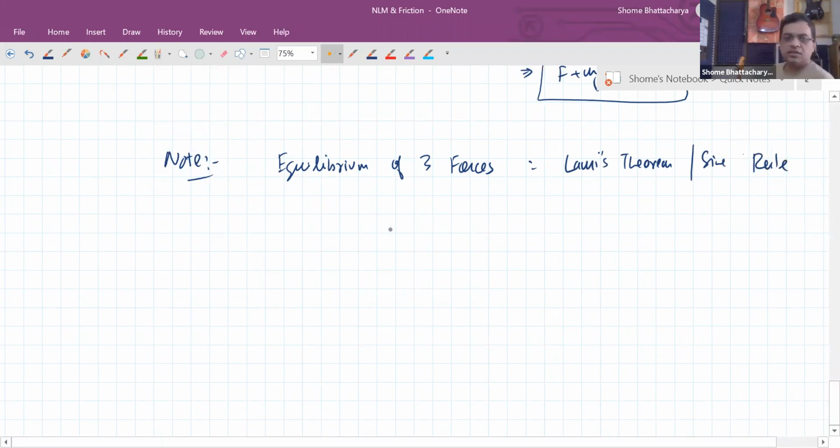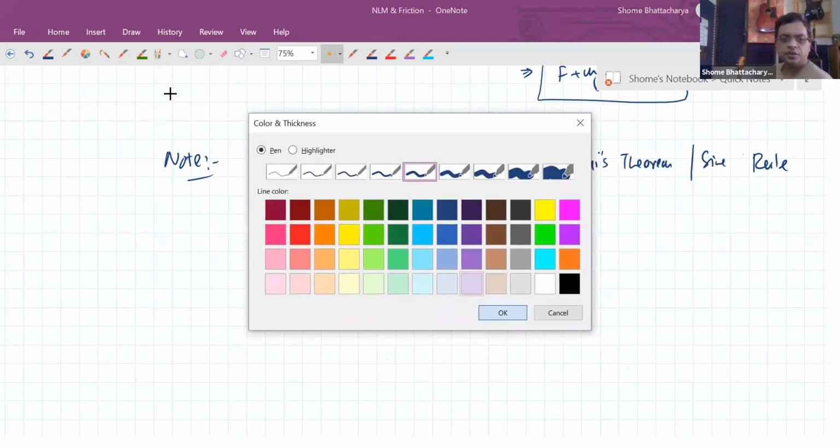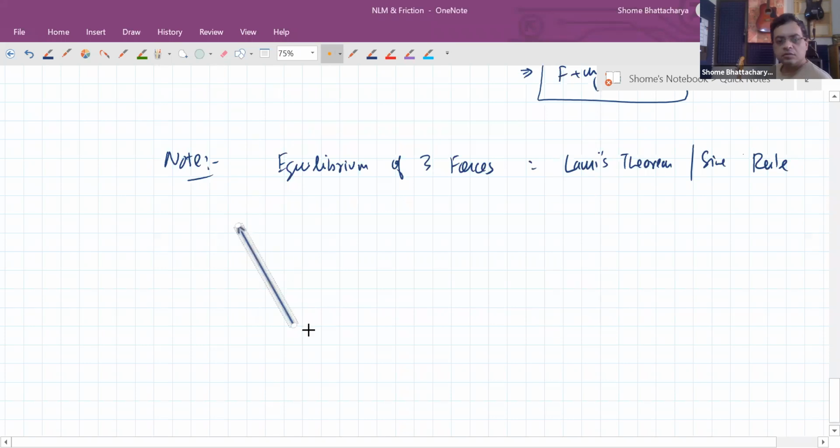Okay. That is the easiest way to deal with something like this. So I will just quickly illustrate that. So these are the three forces whose vector sum has to be 0.